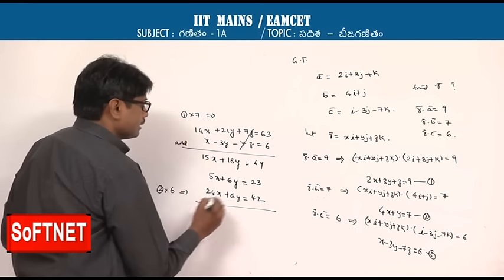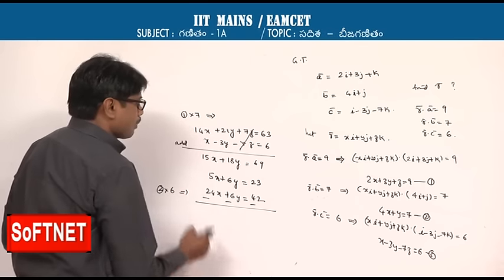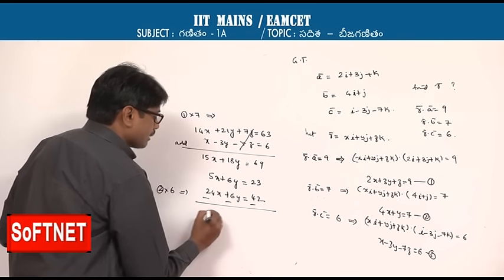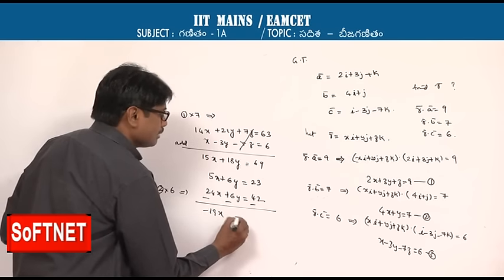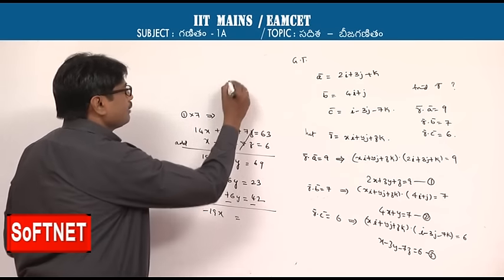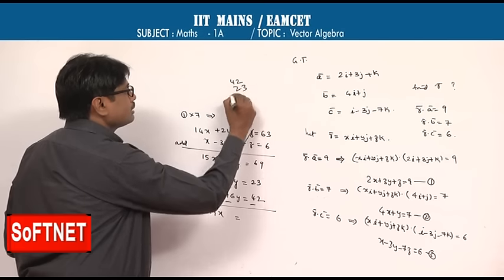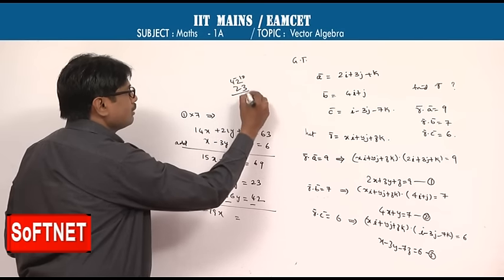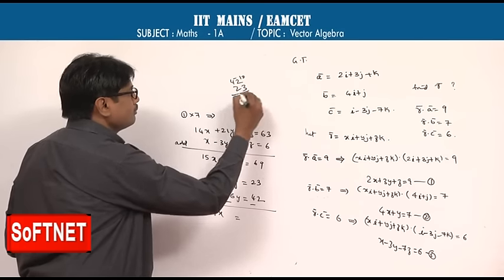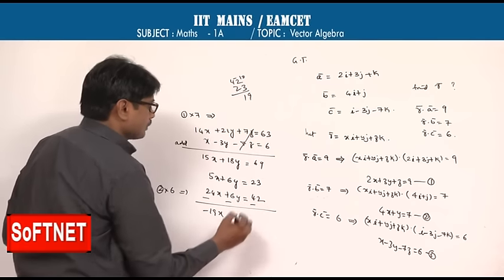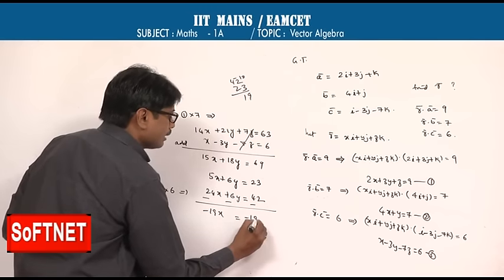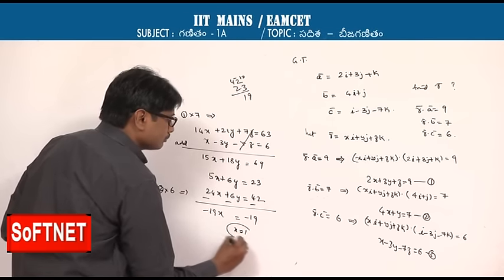Subtract the two: minus, minus, minus. 24 minus 5 gives 19 times of x, and 42 minus 23 is 19. So x is equal to 1.